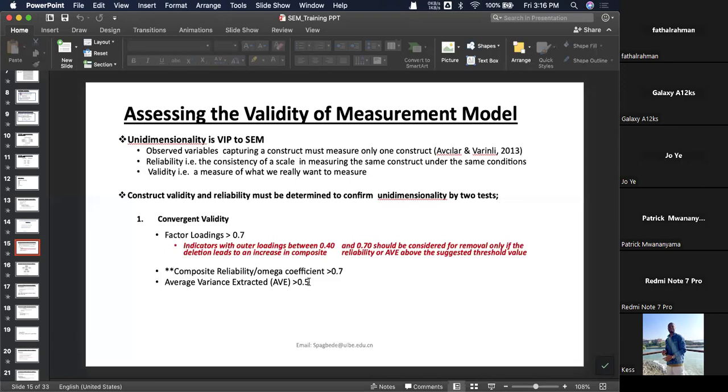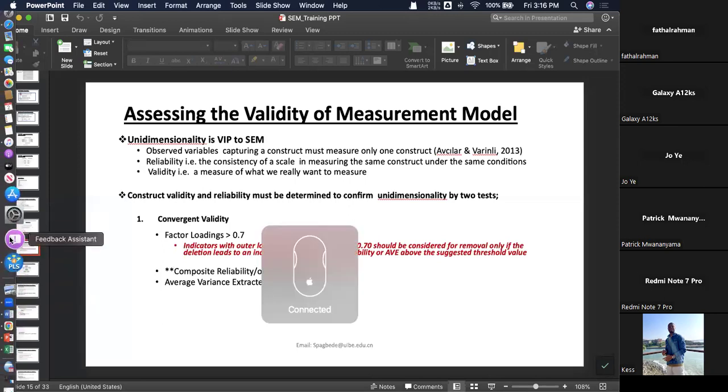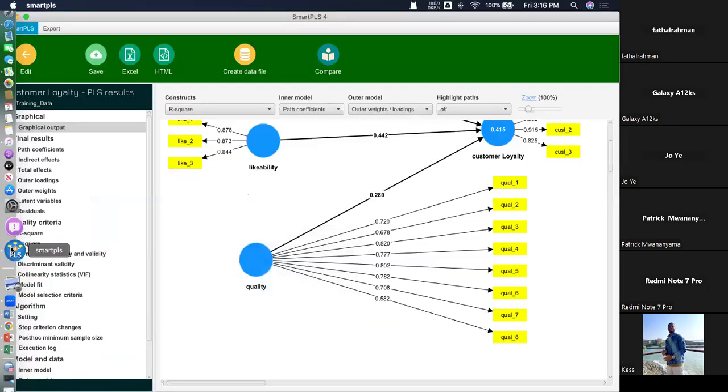So we go back to our PLS-SEM result. And then now, you don't need to do anything. The results are all there for you. On the left-hand side of the screen, you can see some results there: graphical output, final result, path coefficient, and so on. Are you all there, please? Yes.